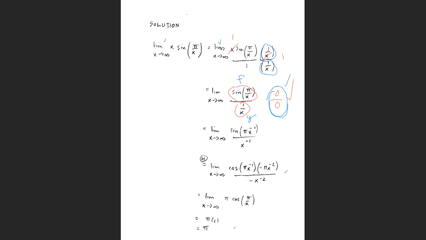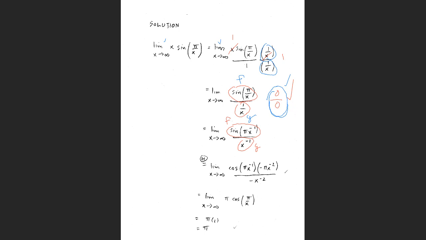So I know I'm going to have to take the derivative of f and the derivative of g. Before I take the derivative of f, I'll rewrite it a little more simply, as the sine of pi times x to the negative first. In the denominator, 1 over x, I'll write as g, as x to the negative first.